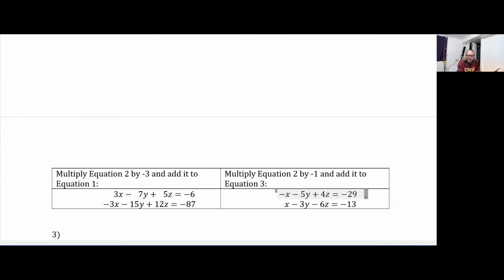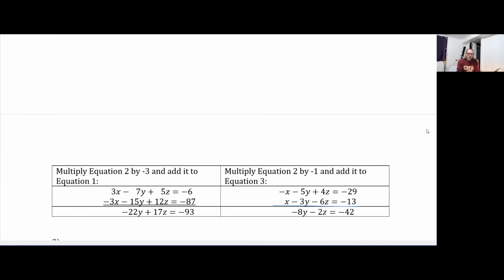Now, typically, I would focus on one pair at a time, but to speed things up, I have shown the multiplication in both of these. And now I'm going to do the addition so that x will cancel out in both pairs, and I'll have a 2 by 2 system just involving y and z.